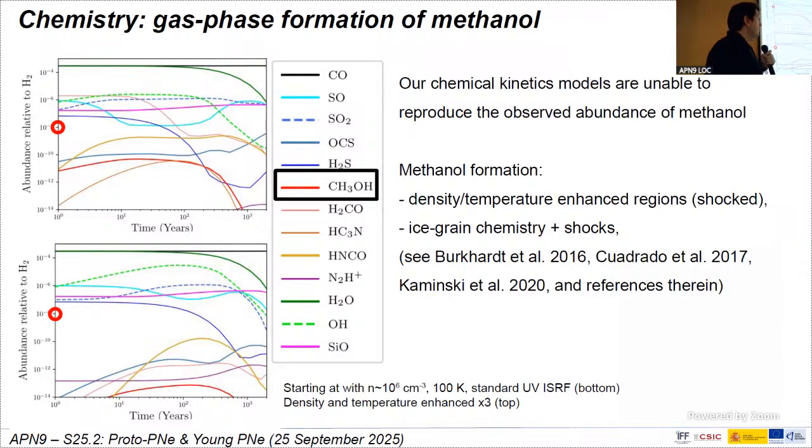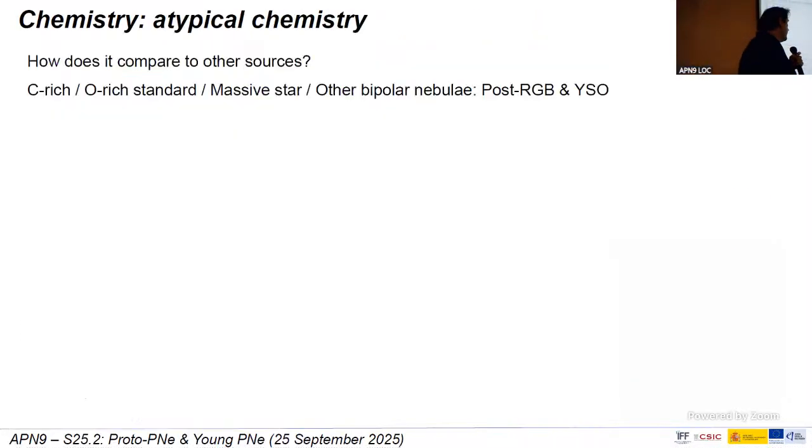But in any case, we played with our chemical kinetic models, again gas phase only, trying to put some more energy into the gas. And let me tell you, it's impossible with realistic conditions to get predicted abundances, methanol is the red line, that are compatible with the abundance observed from ALMA observations.